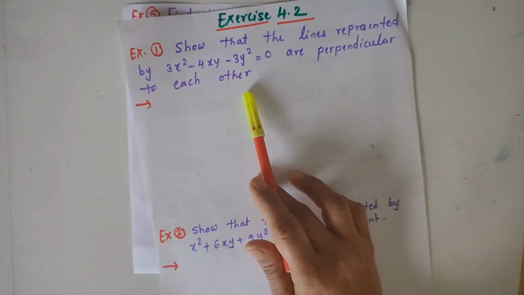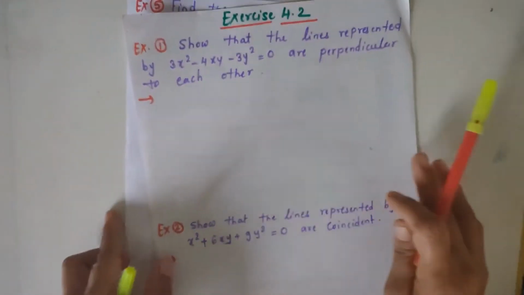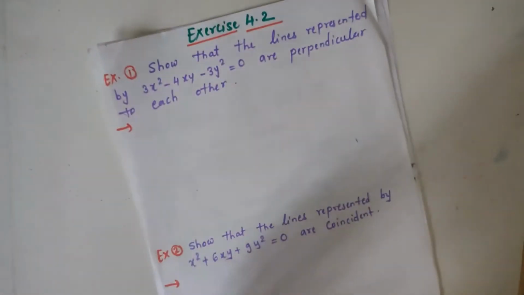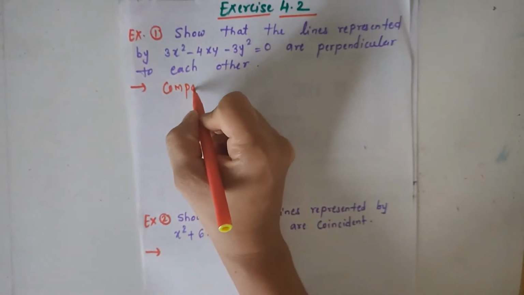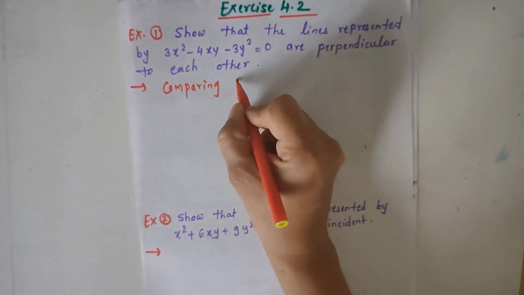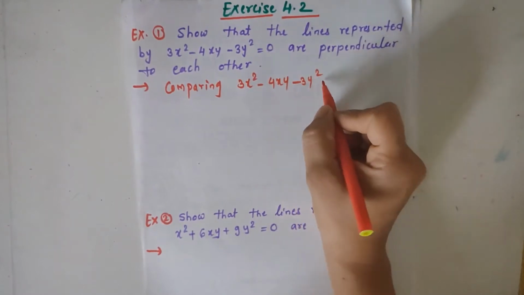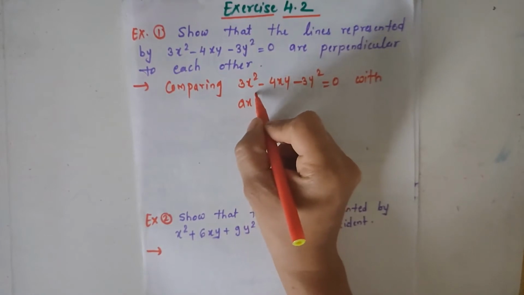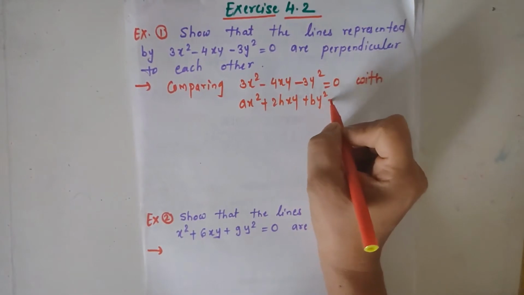Show that the lines represented by 3x square minus 4xy minus 3y square is equal to 0 are perpendicular to each other. We know that if lines are perpendicular, then the condition is a plus b is equal to 0. The first step is comparing the given equation 3x square minus 4xy minus 3y square is equal to 0 with the homogeneous equation of degree 2, that is ax square plus 2hxy plus by square is equal to 0.